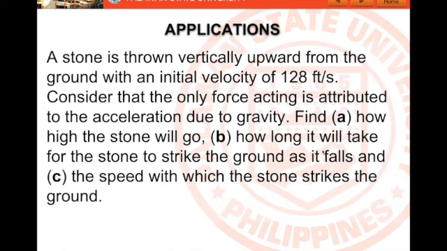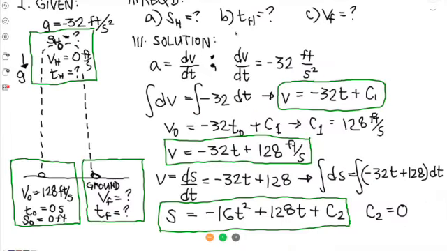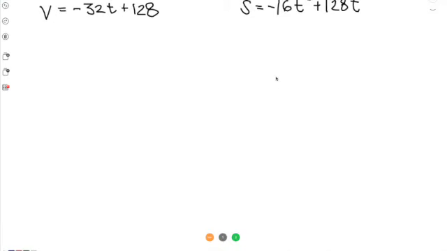So B is how long it will take for the stone to strike the ground. Alright, so let me just correct that. It means that we are not looking for the time at the highest point, we are actually looking for the time it hits the ground. Okay, but then again, we will also solve for that time since we need to know that distance. Okay, so let me go back there.